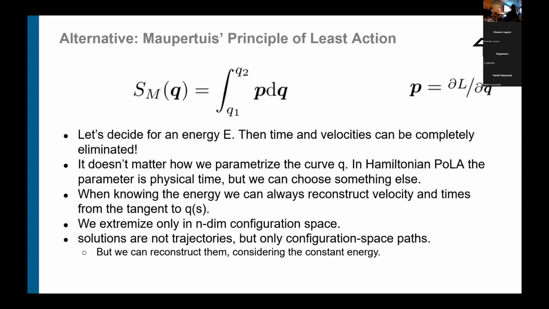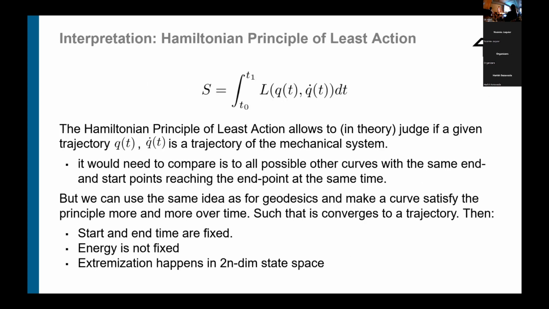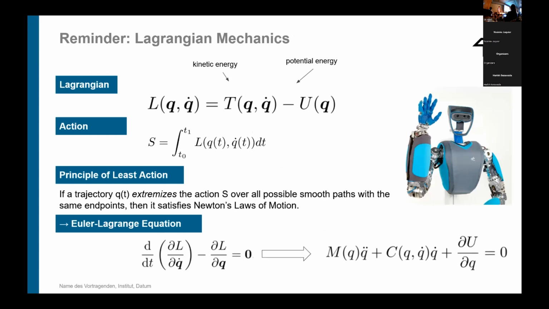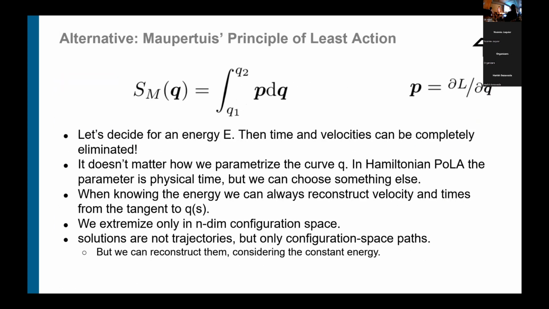But this is the same information. This brings us to just configuration space paths. Before we were in state space, so in 2n dimensions, we had one trajectory for q and one for q dot. Now we're just in n-dimensional space, because we don't need to take care of velocities anymore. As I said, we can always reconstruct them when we take constant energy.